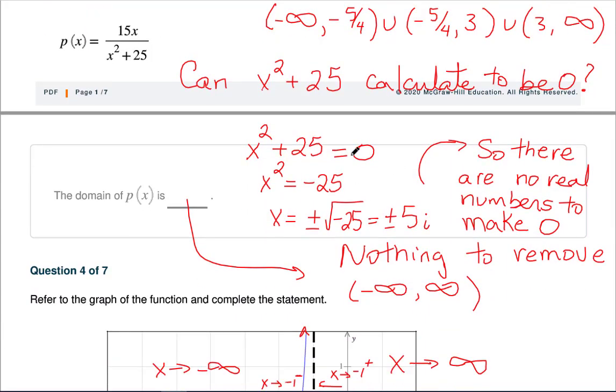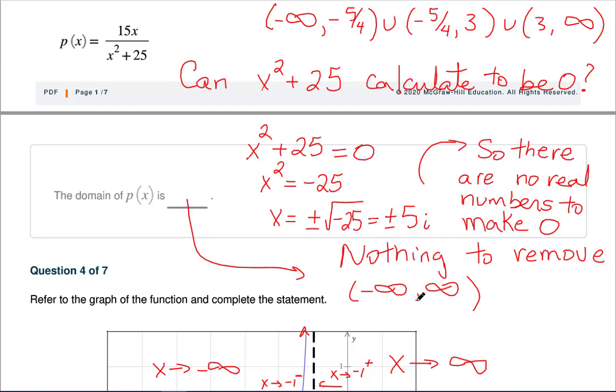If I try to solve it, I would get x squared as minus 25, or x is plus or minus the square root of minus 25, or plus or minus 5i. So the only numbers that make it 0 are complex numbers. There's no real numbers that would ever make it equal to 0, so there's nothing to remove.